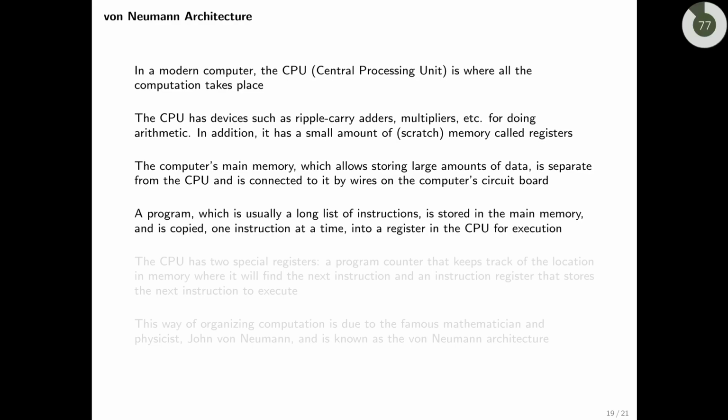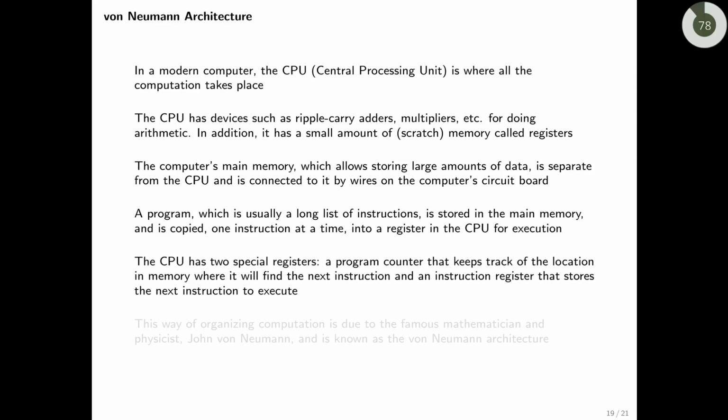Now, a program that you write is typically a long list of instructions, and that's something that is stored in the main memory. You cannot possibly store a program inside of the CPU because you have a tiny amount of memory in the form of registers inside of the CPU. So the program resides in main memory, and it is copied into the CPU one instruction at a time and then executed.